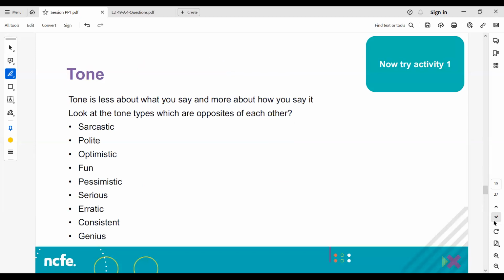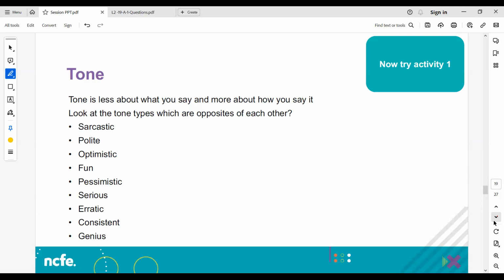Okay, so tone. Tone is less about what you say and more about how you say it. So, for example, two different news stories or journalistic texts could report about the same event, but their tone could be very different.